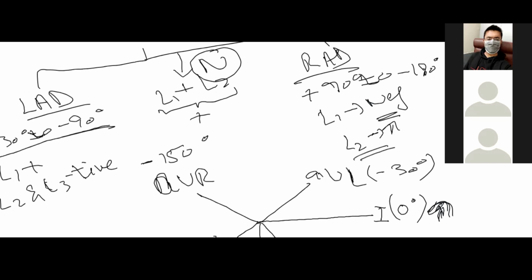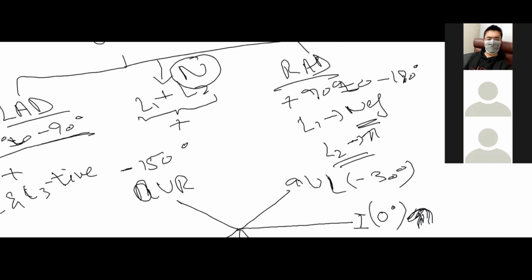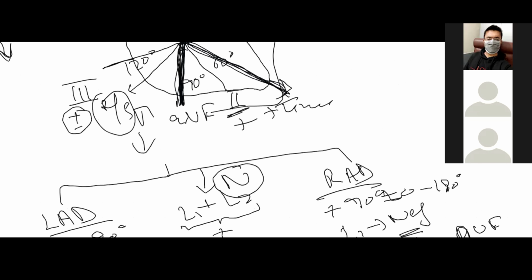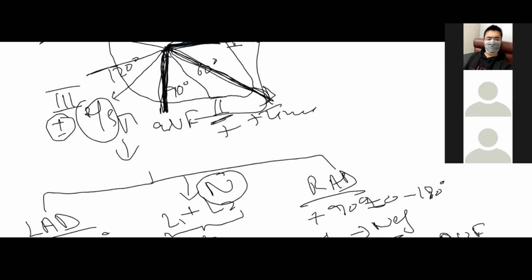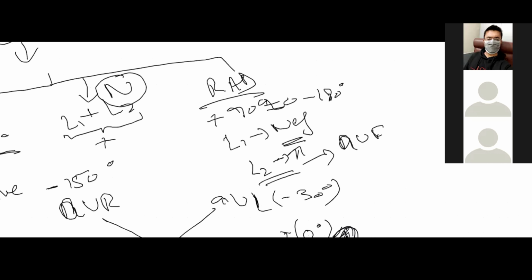There is another thing, AVF, which we already discussed. Normally the AVF is negative, but the AVF will become positive. So what happens in right axis deviation?